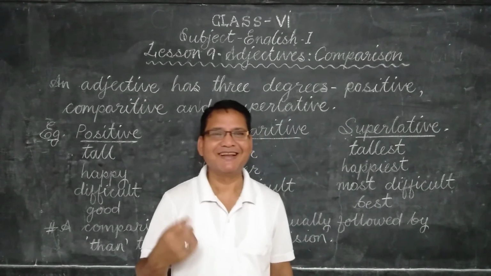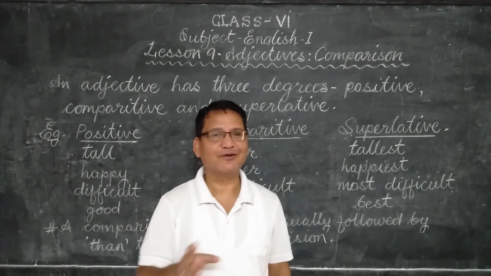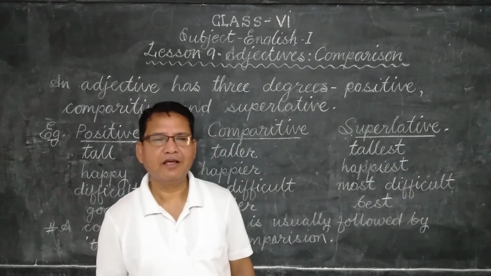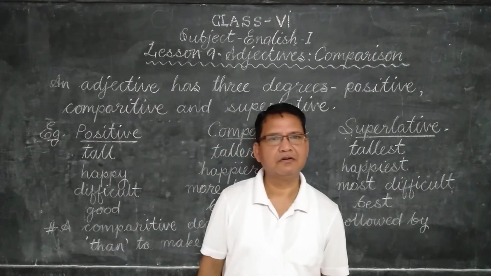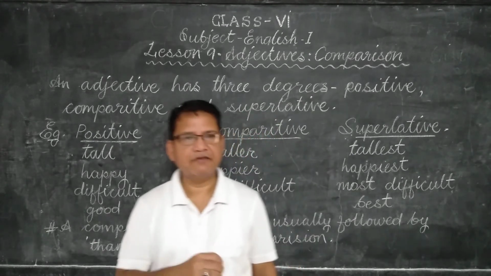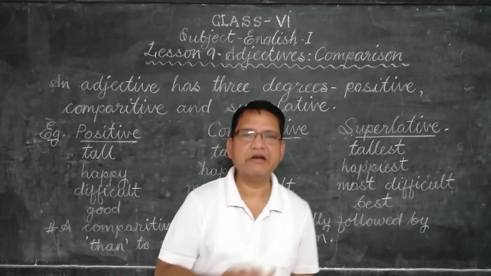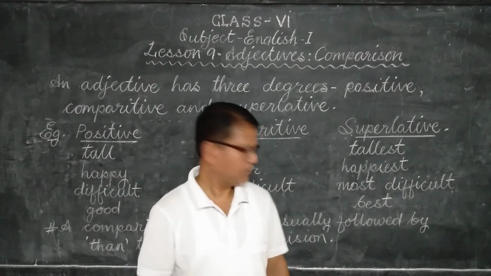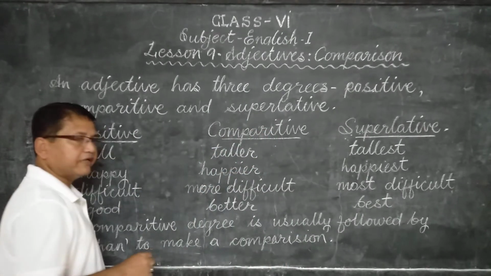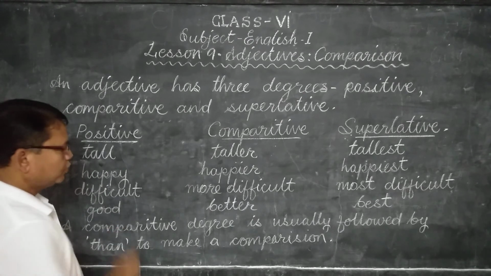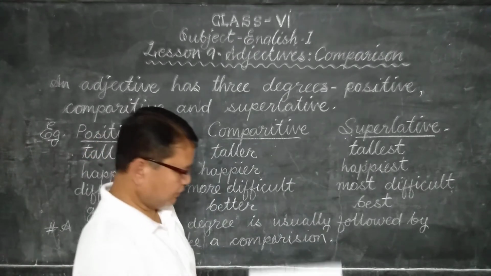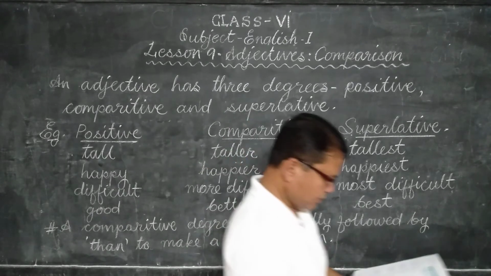Beautiful, beautifuler, beautifulest. No, wrong. Beautiful, more beautiful, most beautiful. Clever, more clever, most clever. Same way. Some words change totally. Good, better, best. Some more examples there. Okay. So you go through that.